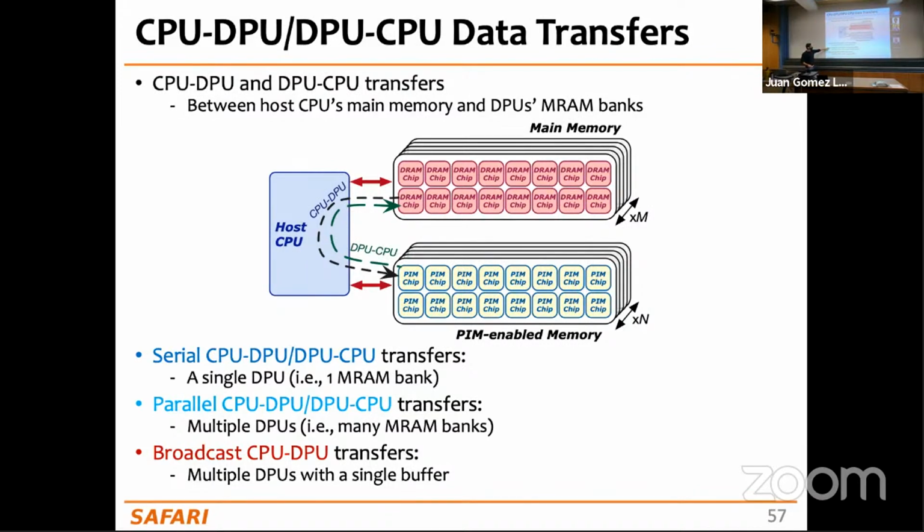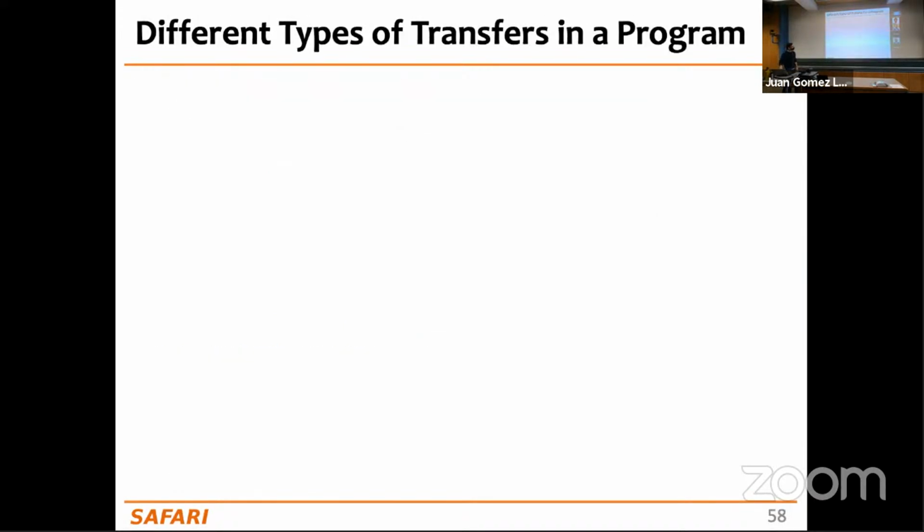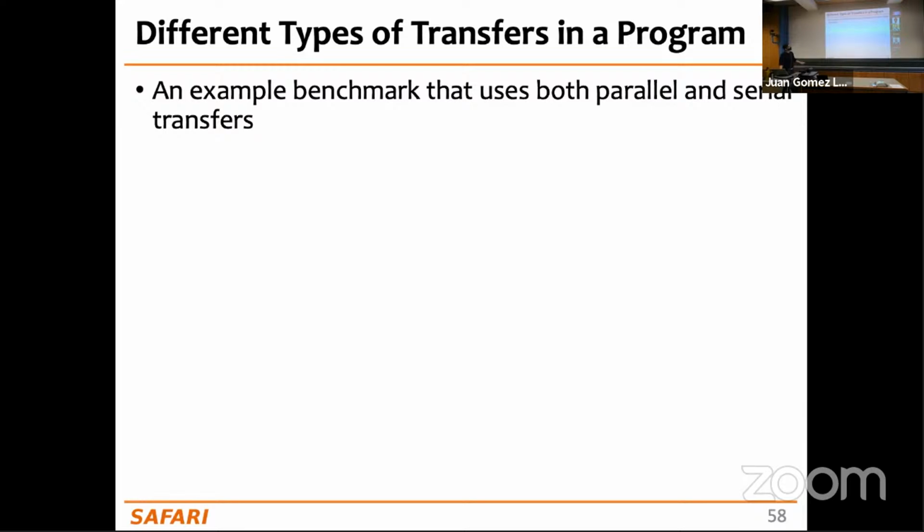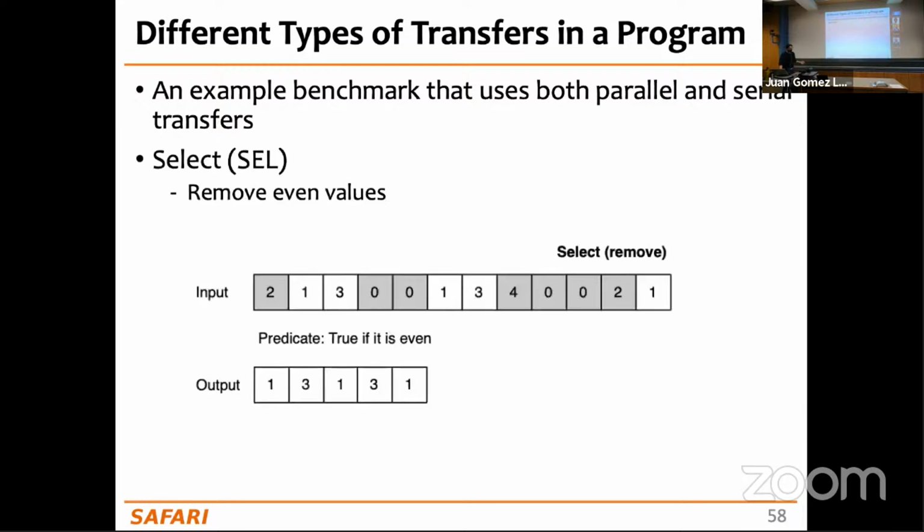One current limitation of the parallel transfers is that the size of the buffers that you transfer from main memory to PIM-enabled memory, or in the opposite direction, should be the same. If you have irregular buffer sizes, you should use serial transfers. That's a current limitation of the UPMEM SDK. I believe that this can be solved in future versions of the SDK, but this is why we still need to use the serial transfers.